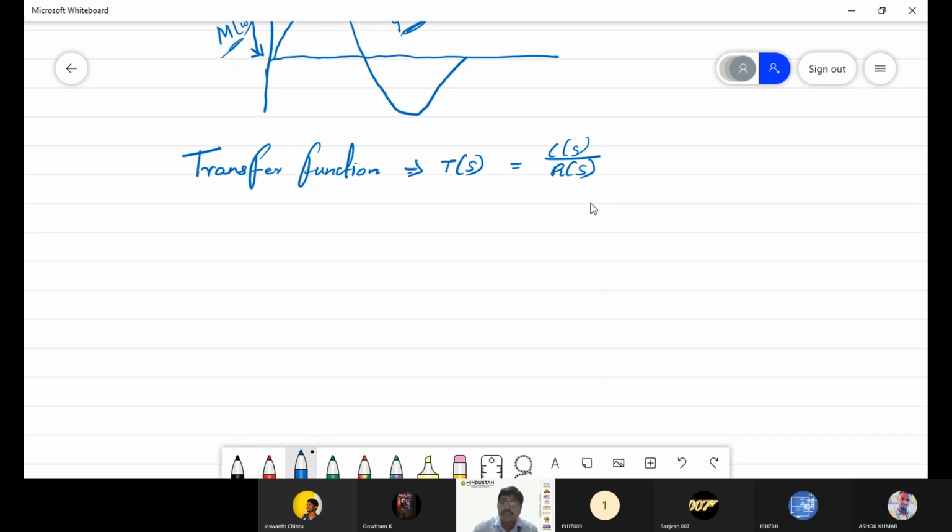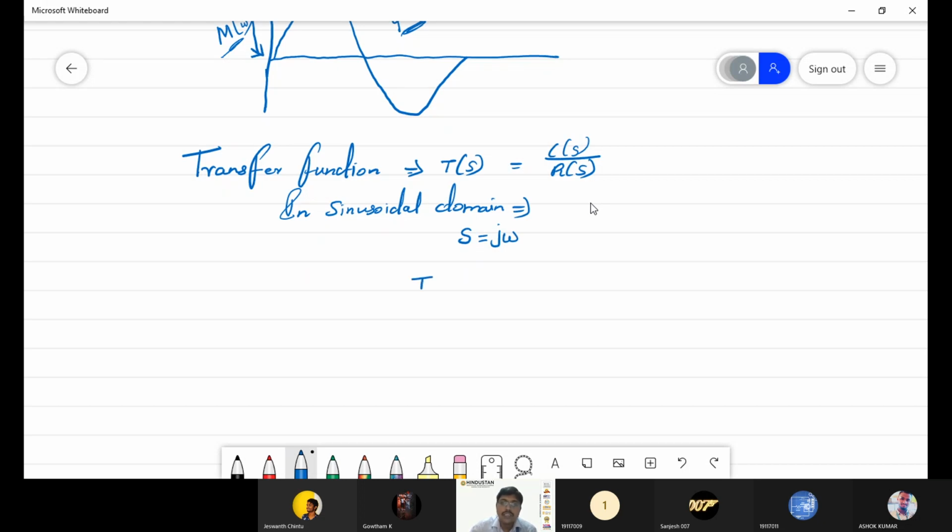Now in terms of the sinusoidal domain, we have to put s equal to j omega. That is the important thing.